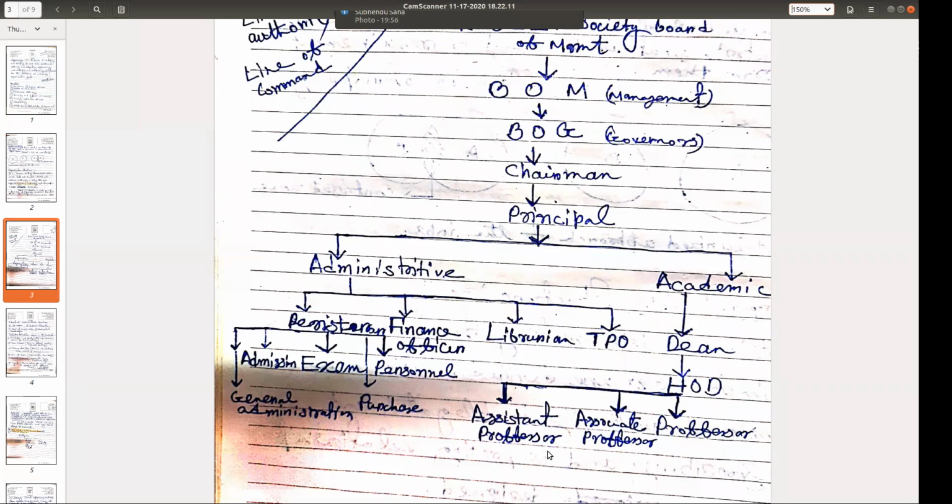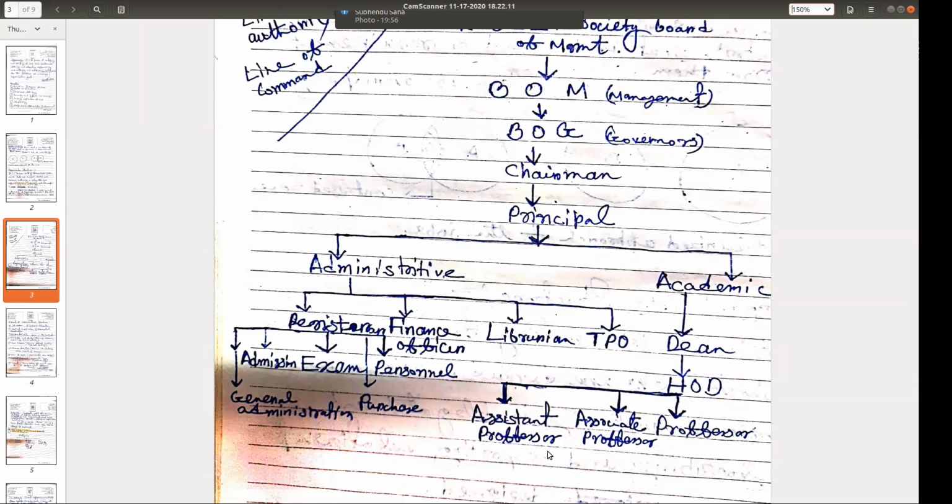So when an assistant professor coordinates with his HOD, this will be vertical coordination. But when an HOD coordinates with the TPO or librarian, it will be horizontal coordination. So there are two kinds of communication direction, you can say. Coordination means there are two kinds of communication direction. One is upward or downward, another is horizontal.